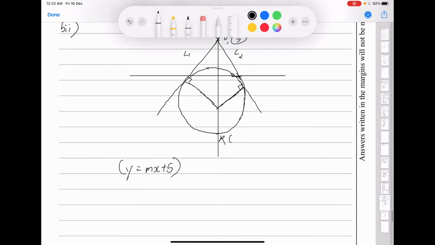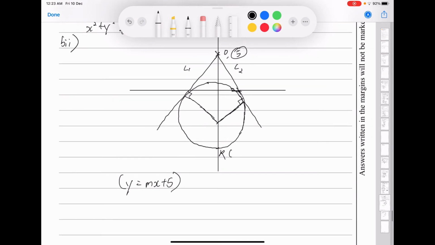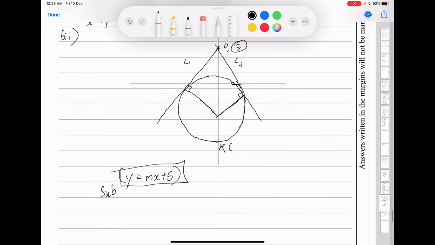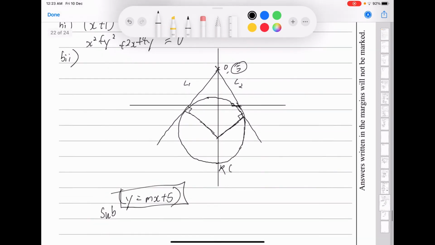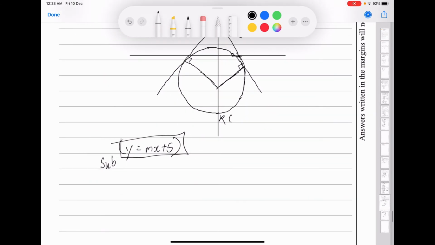So we can substitute this one into the equation of the circle, which is above.